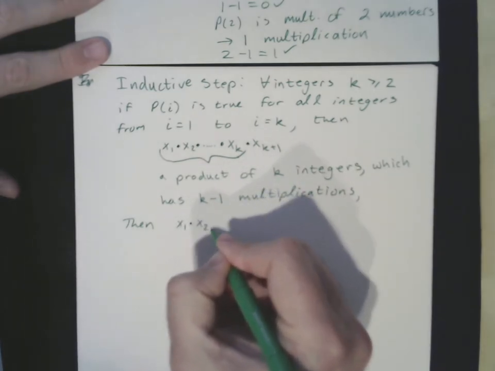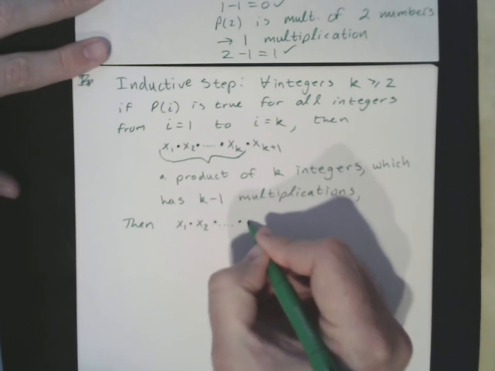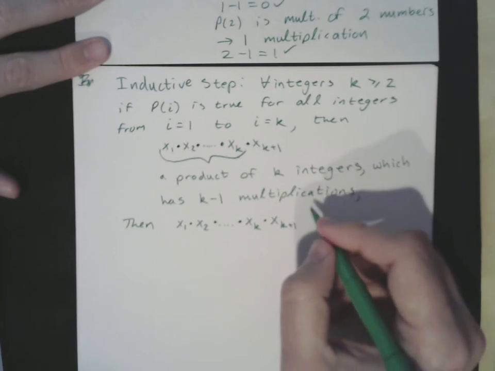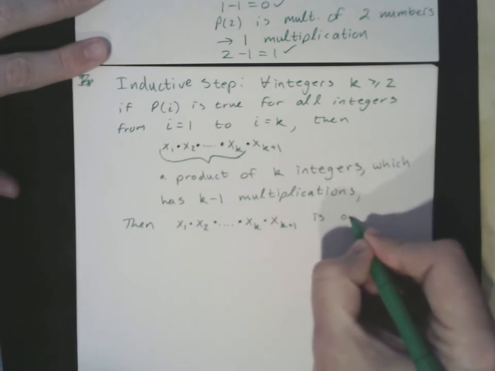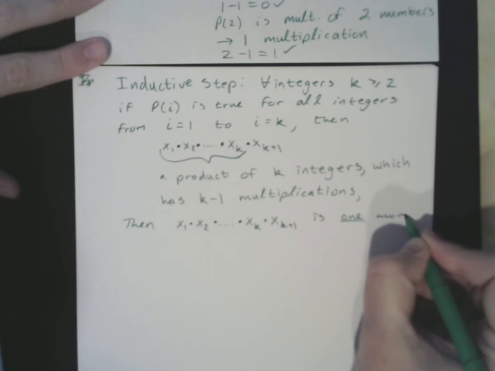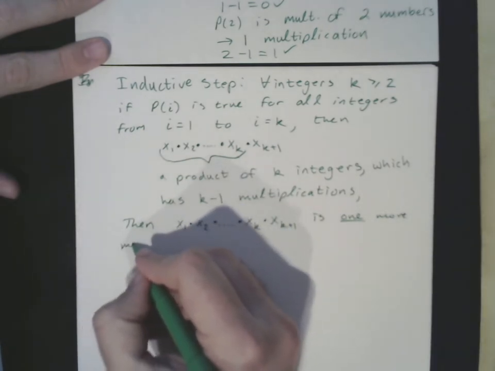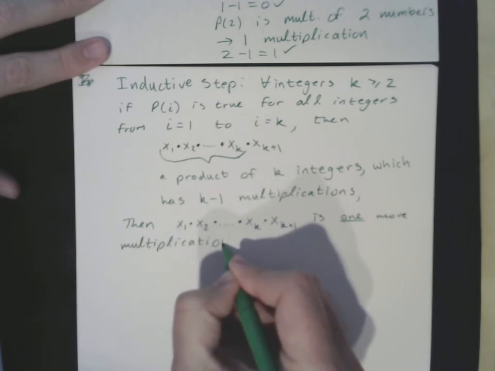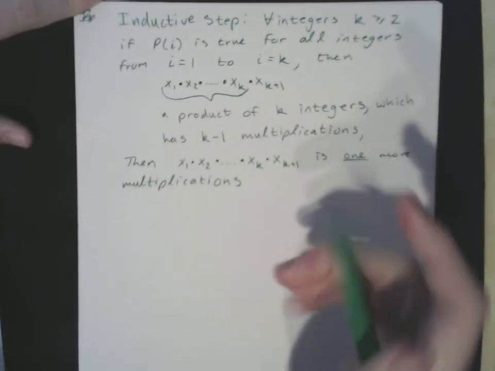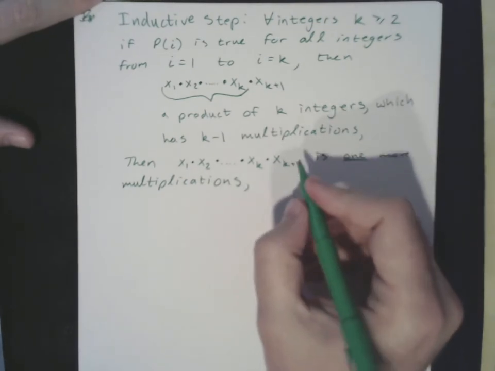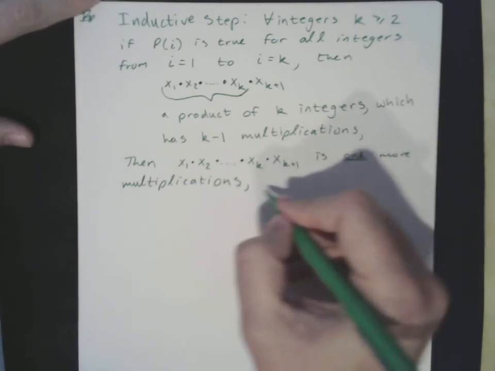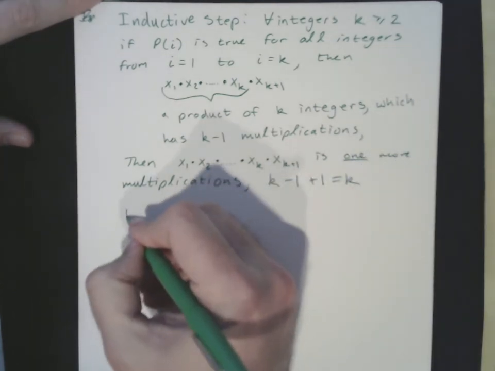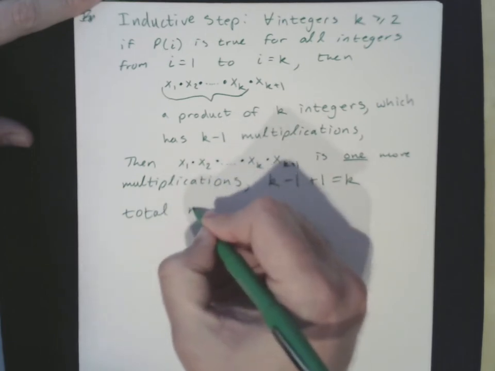So x1 times x2 times dot dot dot xk times xk plus 1 is one more multiplication, and this is after the initial k minus 1, so k minus 1 plus 1 equals k total multiplications.